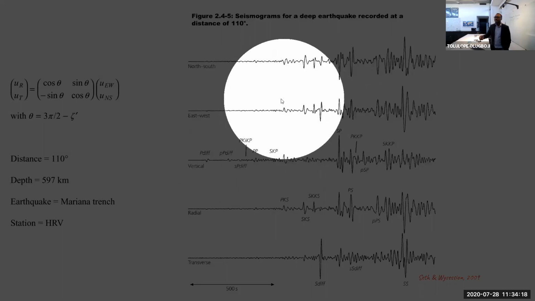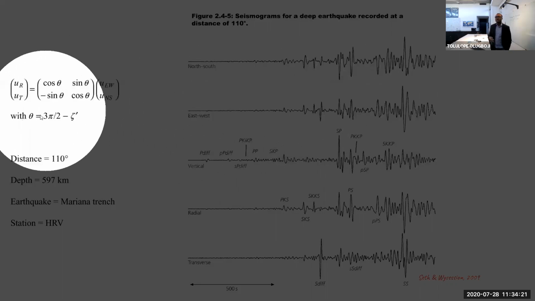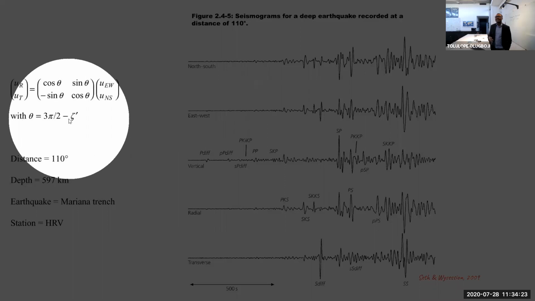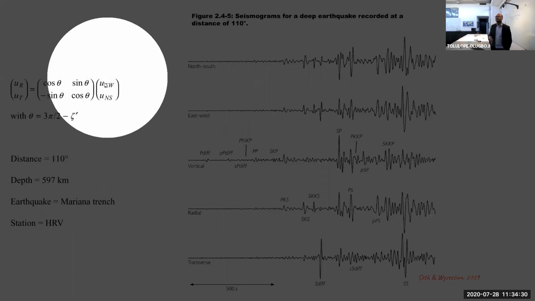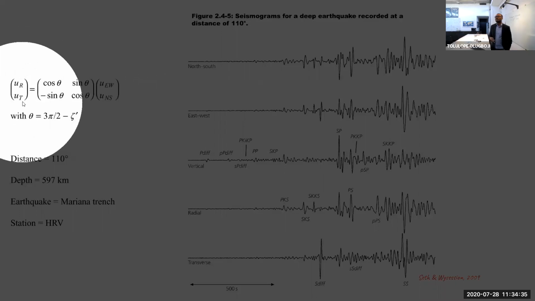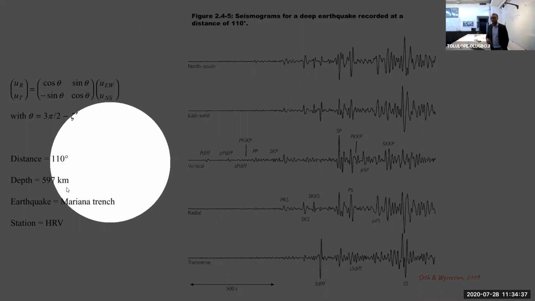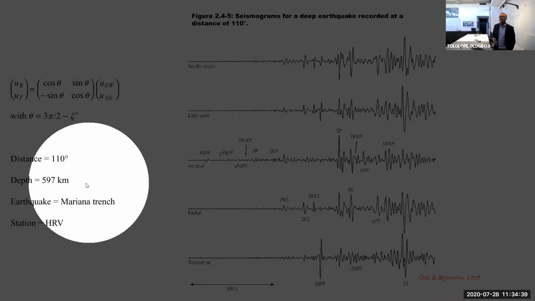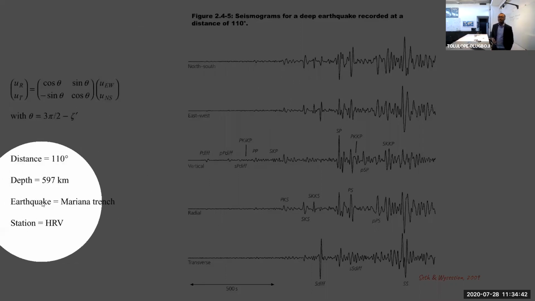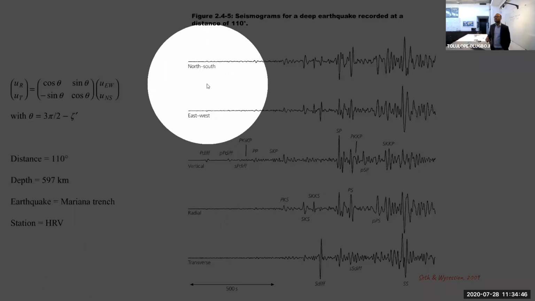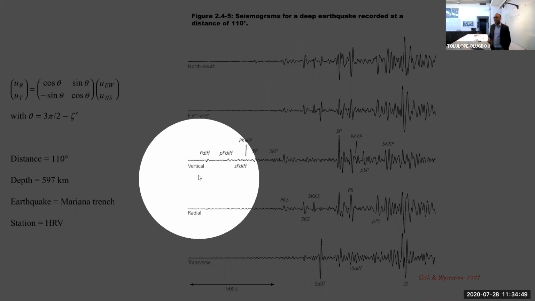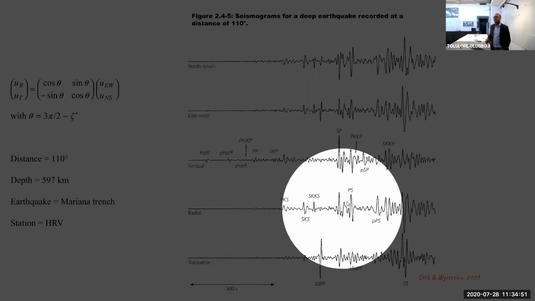But then if you rotate into this theta direction, the back azimuth or radial direction, so that's 180 degrees from the azimuth, you can take the north and east channels and rotate them into the radial and transverse channels. That's what's being done here for this particular earthquake that's coming from this distance, at this depth, from this region, Mariana, on this station. This is what the earthquake looks like in the north and the east. And when you rotate into vertical, radial, transverse, this is what it looks like.